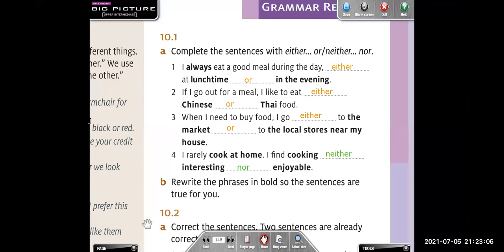Sometimes I don't eat a good meal during the day, neither at lunchtime or in the evening. Okay, one more time, please. Sometimes I don't eat a good meal during the day, neither at lunchtime nor in the evening.